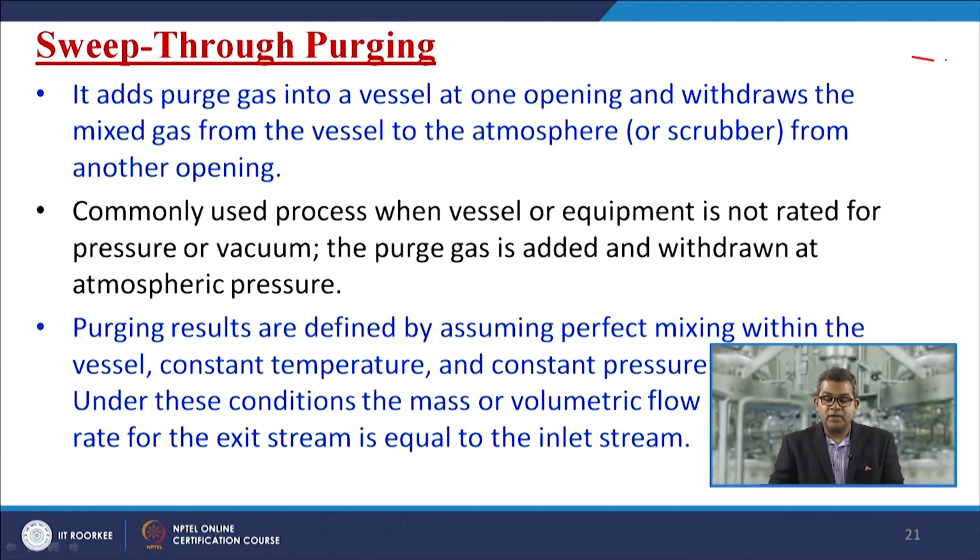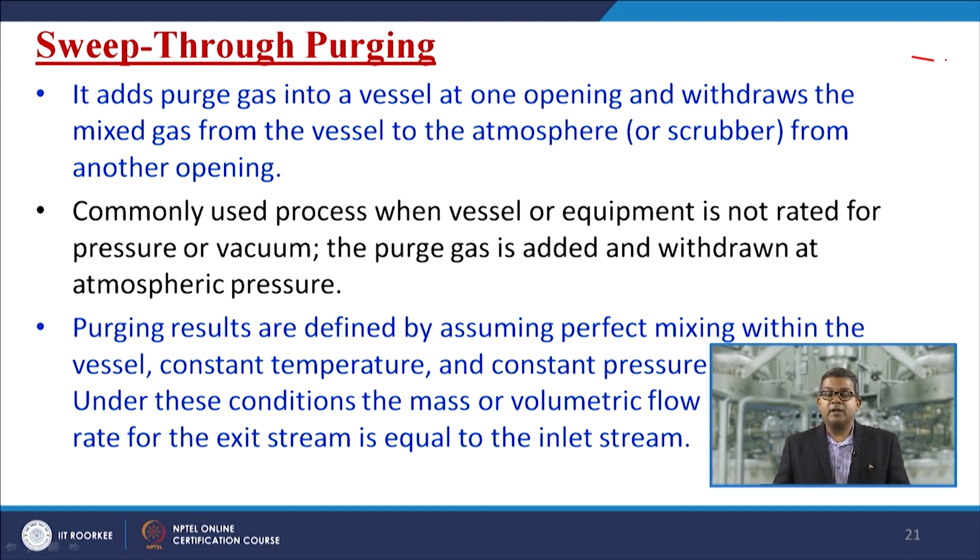Now, the next is sweep-through purging. It's a very common and very beneficial method for keeping a low concentration of oxygen within a vessel. Usually it adds purge gas into a vessel at one opening and withdraws the mixed gas from the vessel to the atmosphere or a scrubber from another opening. It's a commonly used process.